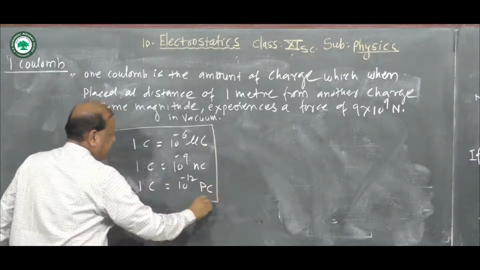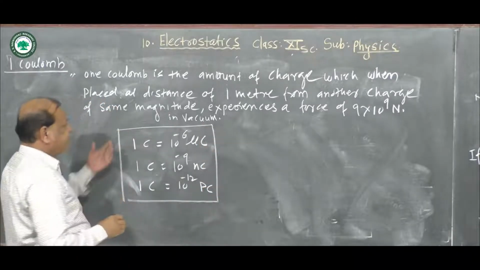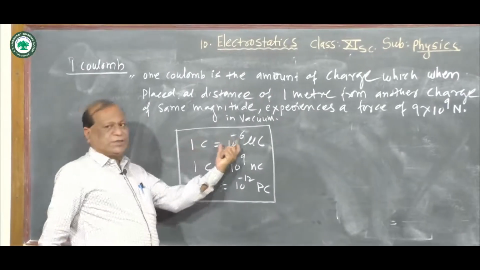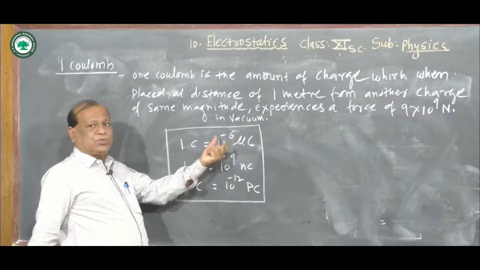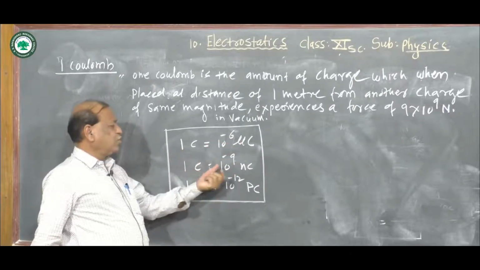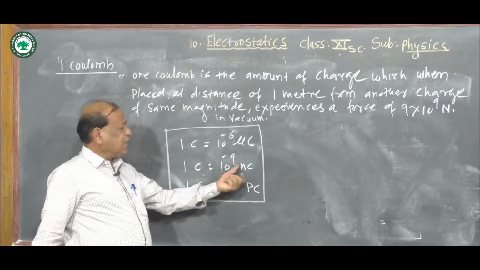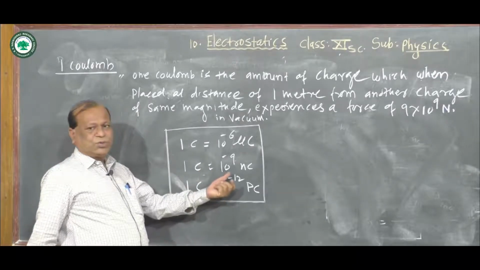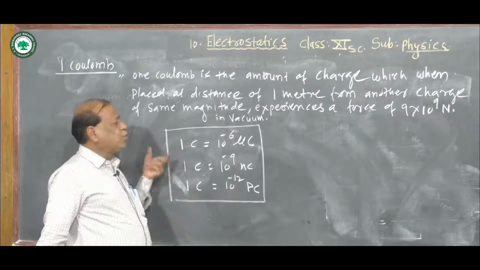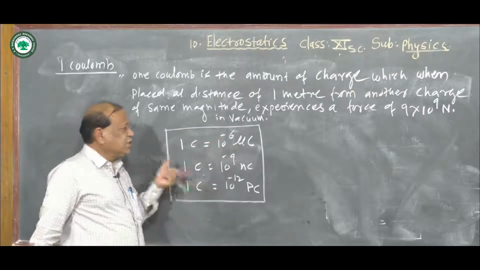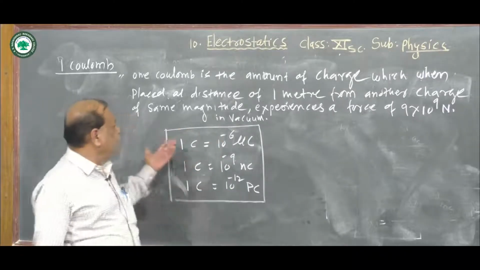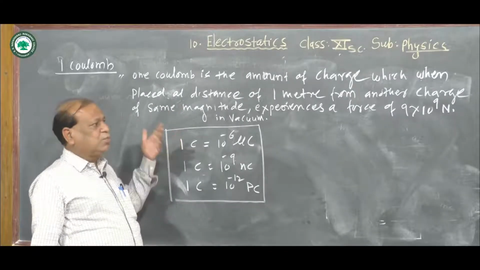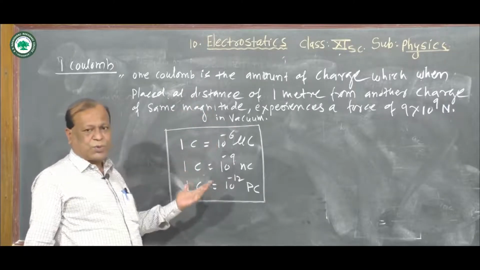These are the small units of the coulomb, related by these factors. These relations are useful to convert charge in coulomb to microcoulomb, nanocoulomb, and picocoulomb.